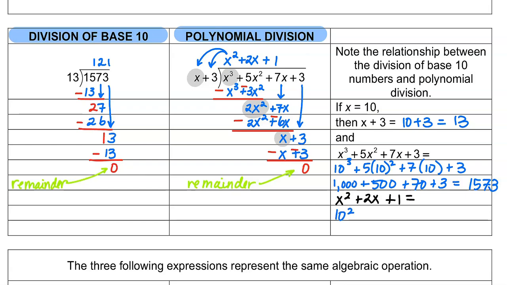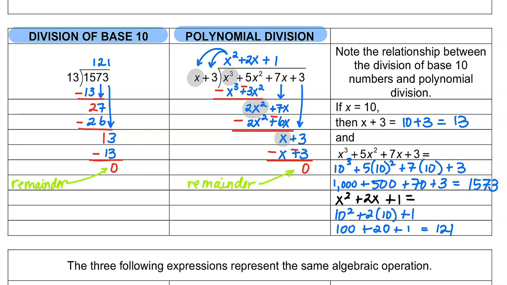Well, it's 10 squared plus 2 times 10 plus 1. That's 100 plus 20 plus 1, or 121. So notice that the quotient when x equals 10 is the same as the answer here. Isn't that cool?